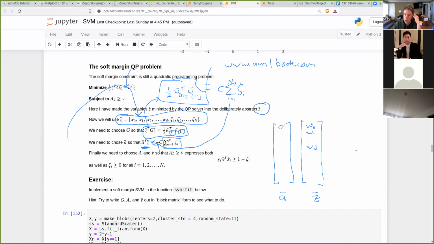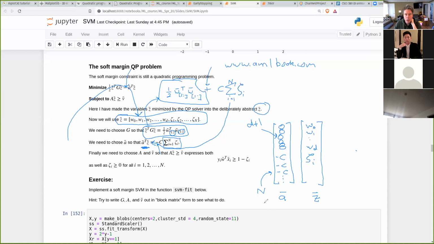For all of those, we just want zeros here because we want to zero them out. We don't care about them. So there are going to be D plus 1 zeros to begin A. For the rest, we have the slack variables, and for each of those we want it to be multiplied by negative C. So we want a bunch of negative C's here, and there are n of those. That's how you build A.